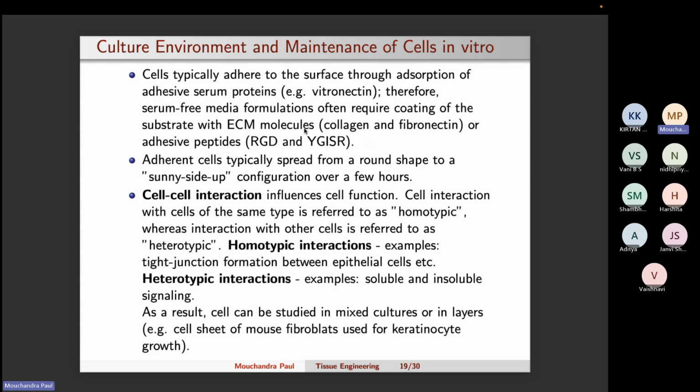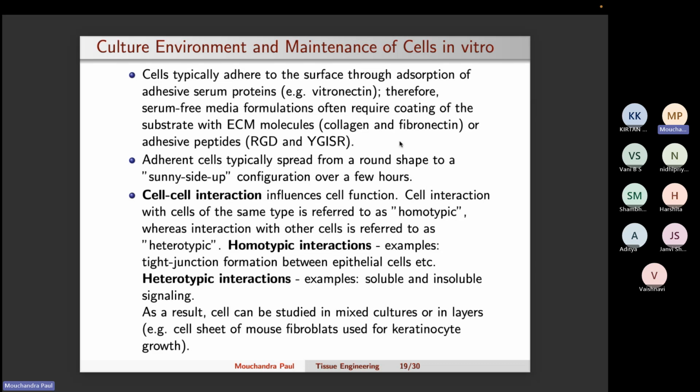But if you are using a serum-free medium formulation, so in the complete media there is no serum, then you have to do a prior step of coating this substrate with an ECM molecule like collagen or fibronectin. Or you can coat it with peptides like RGD peptides, and then you seed the cells.